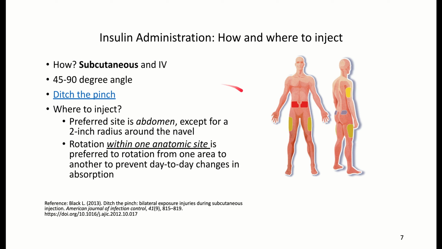In other words, you rotate within the abdomen, right? Or you rotate within the upper forearm or within that thigh. You don't go from the abdomen to the thigh or to the upper forearm.